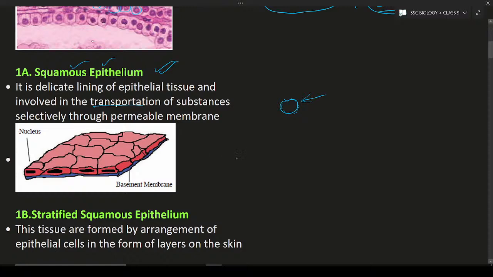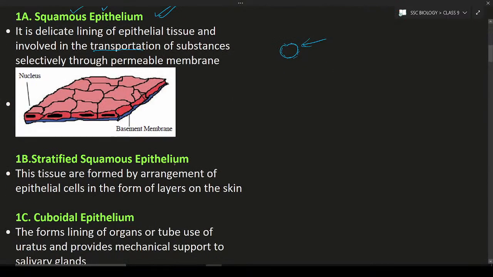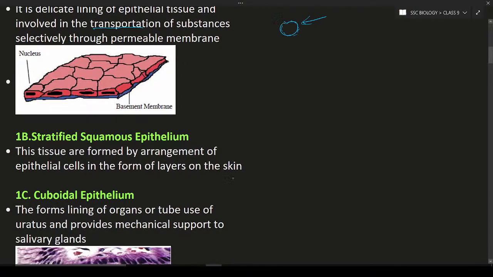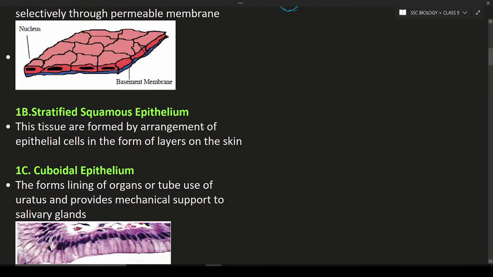Okay. So the next one is stratified epithelium. What is stratified squamous epithelium? This tissue is formed by the arrangement of epithelial tissue in the form of layers. Let us consider this is a layer of cells. These are the epithelial cells in this way.